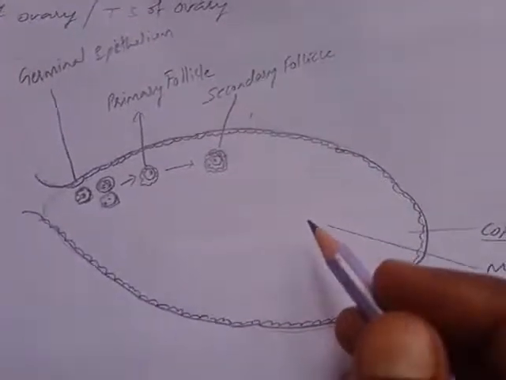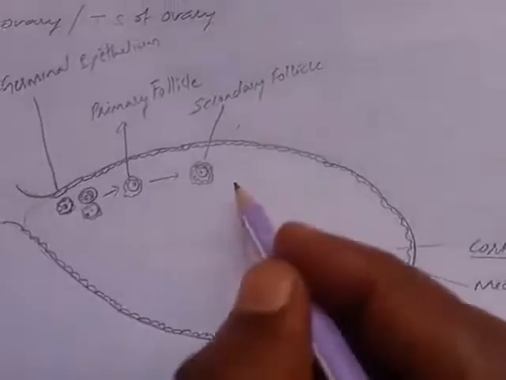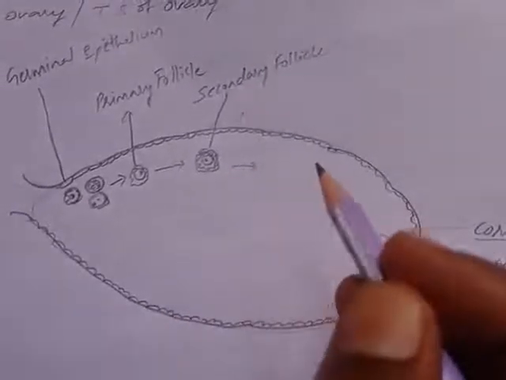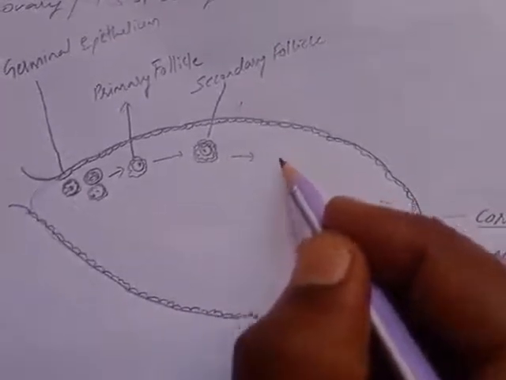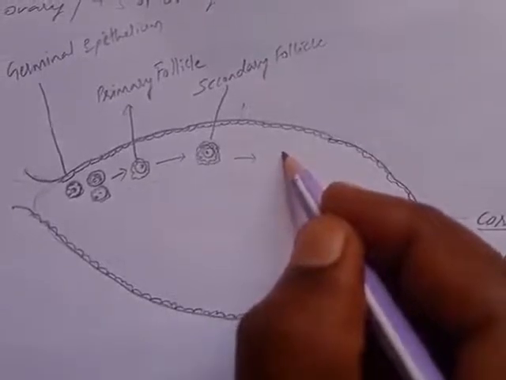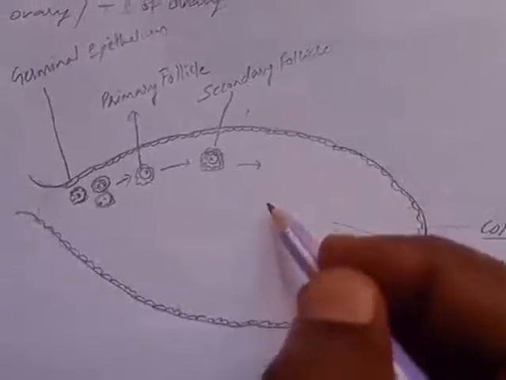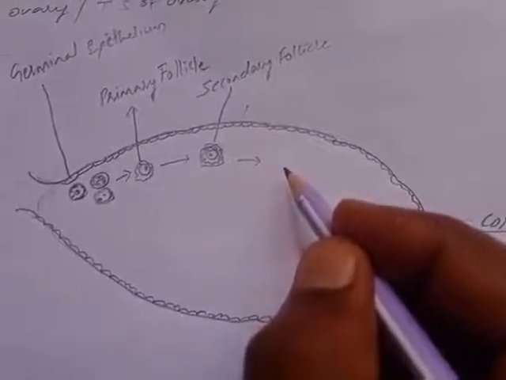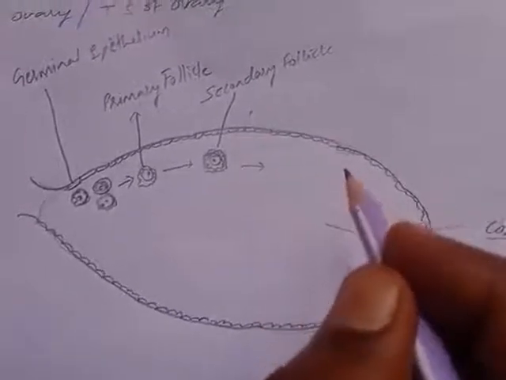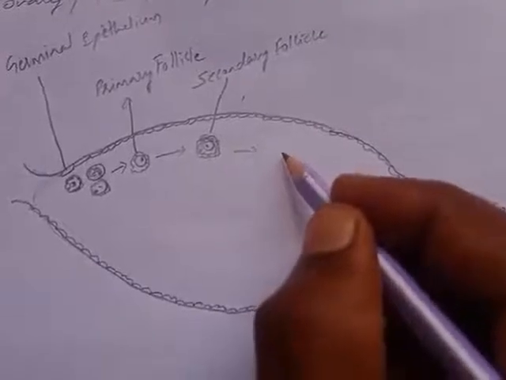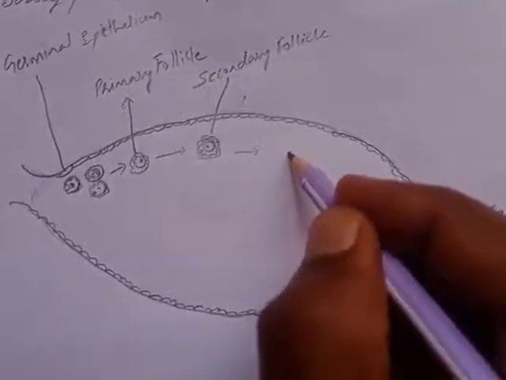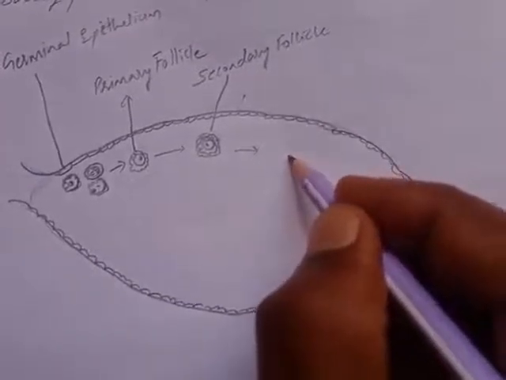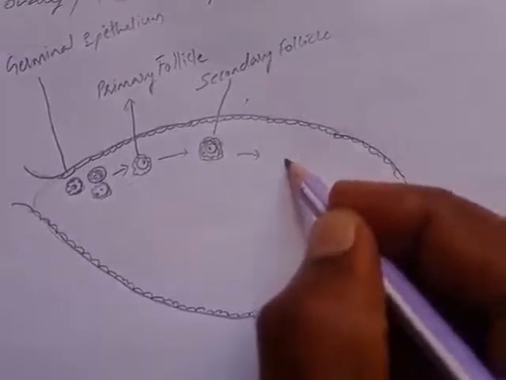This secondary follicle develops to form a structure called the Graafian follicle or tertiary follicle, which is the completely matured follicle, we can say.